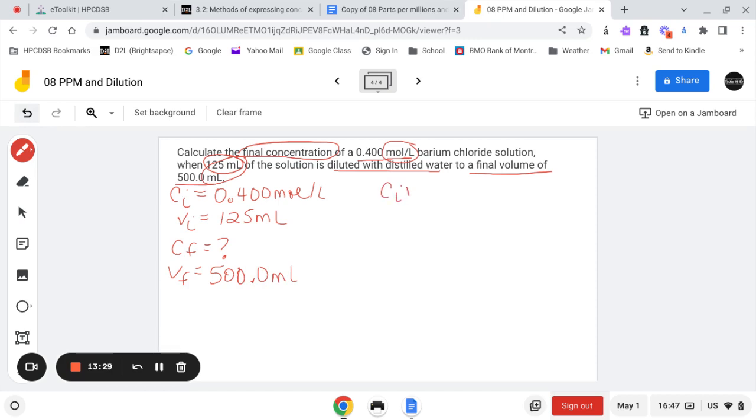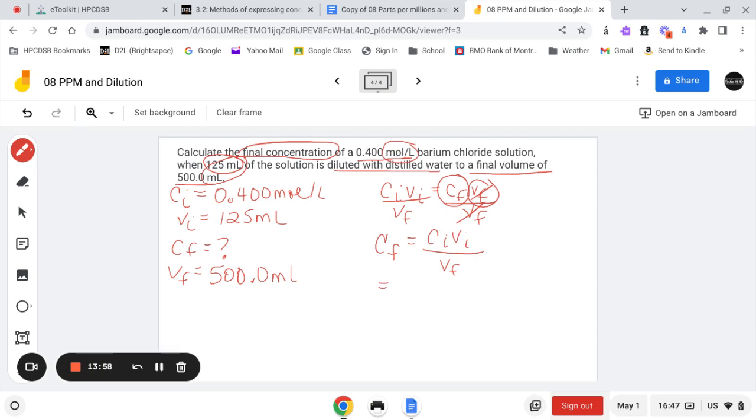So we set up our formula: CiVi equals CfVf, sorry, not a T. And again, I want to solve for CF. So I've got to get rid of VF. I'm going to divide both sides by VF, and that allows me to isolate the final concentration. So we'll rewrite it: CiVi divided by VF.